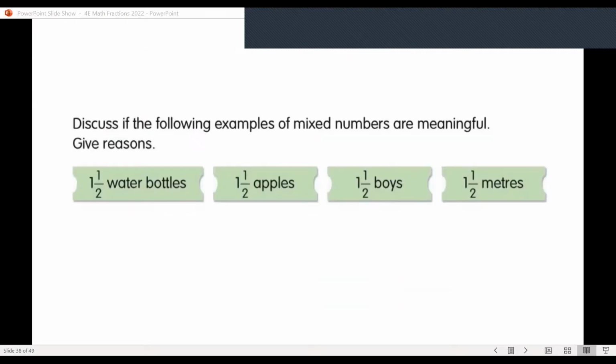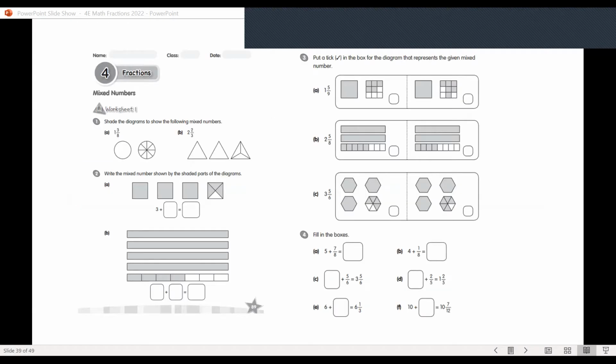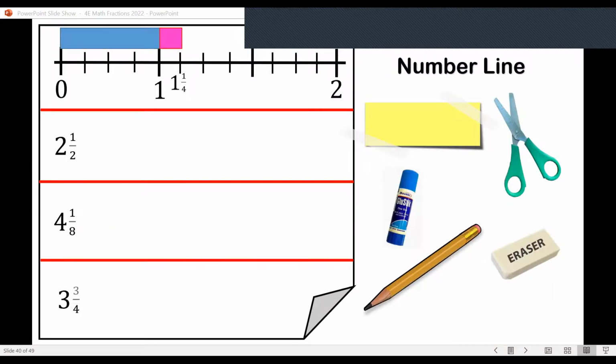Now, before we go for recess, we have completed our task today. Tomorrow's hands-on activity is this. I'll show you first.